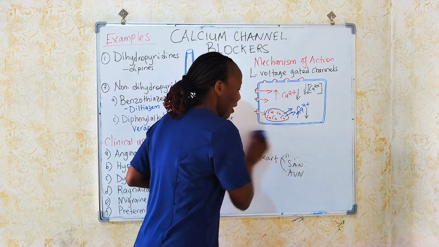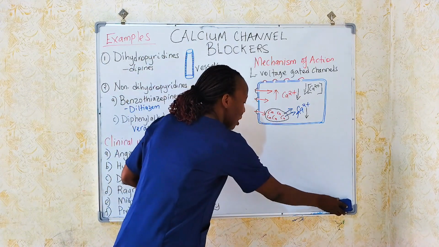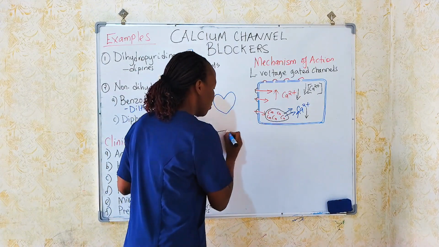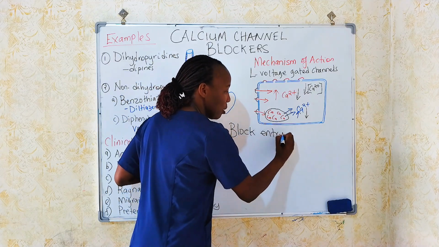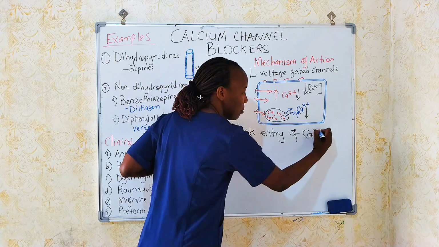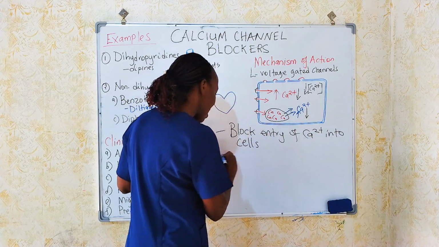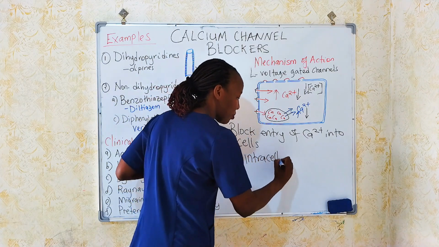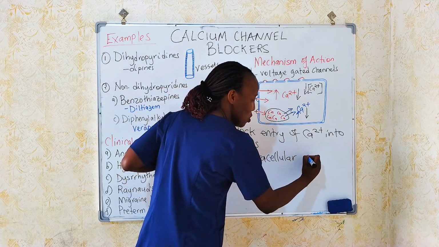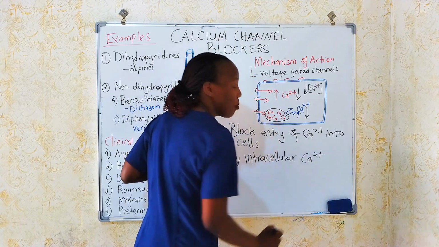So in summary, how do calcium channel blockers work? Calcium channel blockers are going to block entry of calcium into cells, and that is going to reduce intracellular calcium. And we know that calcium is responsible for muscle contraction.